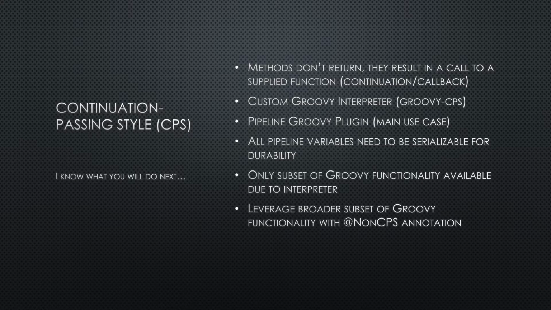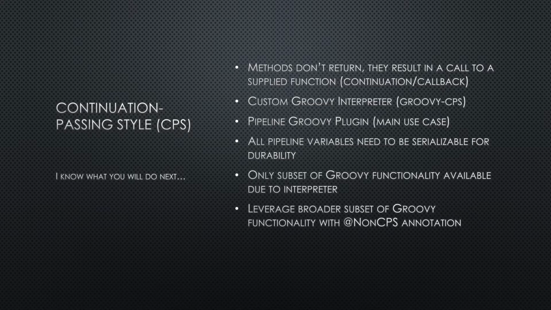There's this style of programming, continuation passing style, which, if you're familiar with callbacks or lambda functional programming, is where you pass a function as a parameter to another method, to be called as a result of the actions of that method. Jenkins itself uses this Groovy interpreter and intercepts these Groovy calls and puts a nice warm blanket around it, and tries to protect Jenkins itself.